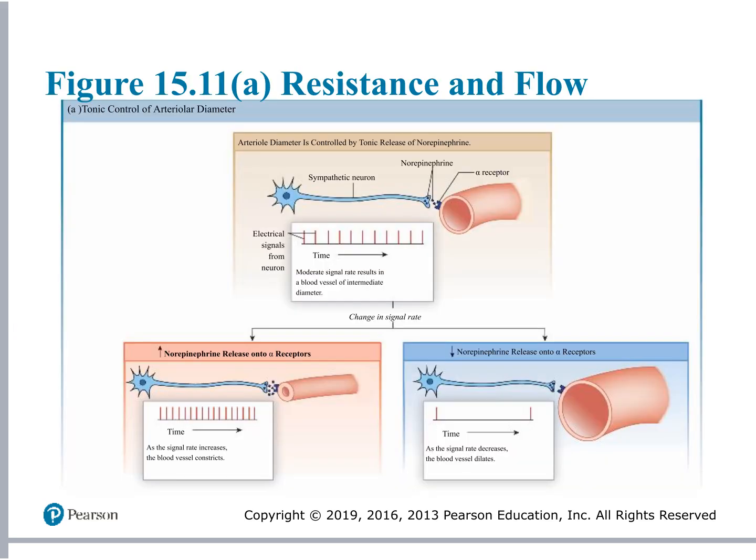All right, in this picture we can see the sympathetic nervous system is controlling or monitoring your blood vessels. It sends the neurotransmitter norepinephrine to the receptor on the blood vessel wall, and it sends a constant signal, which means these are tonic receptors, not phasic receptors.